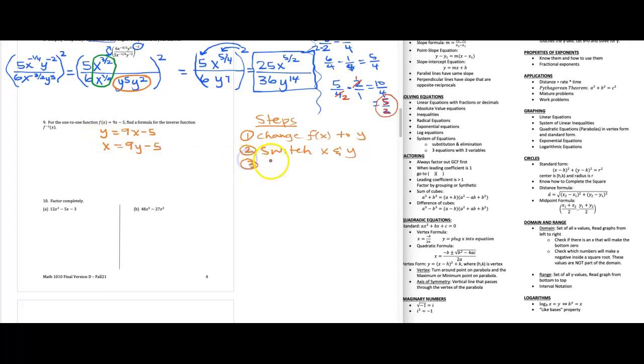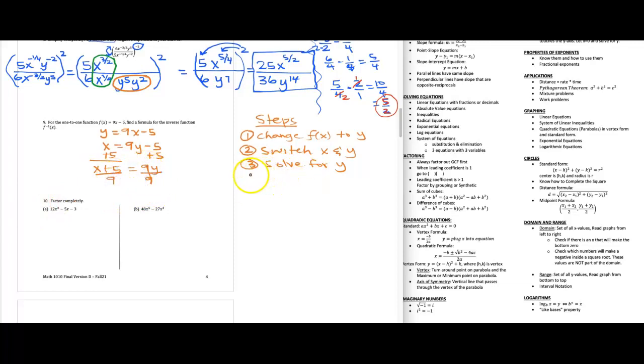The third step is we want to solve for y. To get y by itself, I'm going to start by adding 5 over. So I get x plus 5 equals 9y. Then I need to divide both sides by 9 to get y by itself.